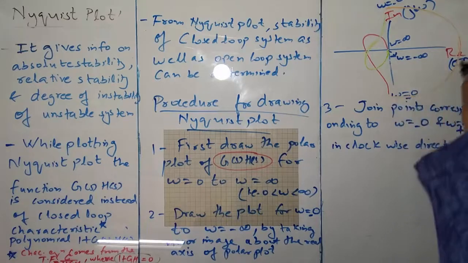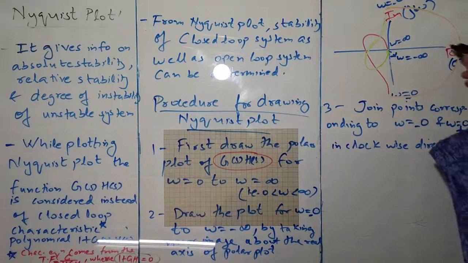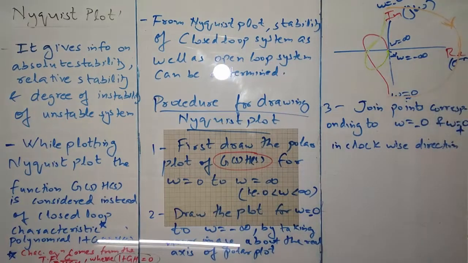So the radius of this arc will be infinite, because the points corresponding to omega equal to plus 0 and omega equal to minus 0 are somewhere at infinity. Thus if you join these 2 points, the arc that you get will have an infinite radius, and this will be done in clockwise direction.